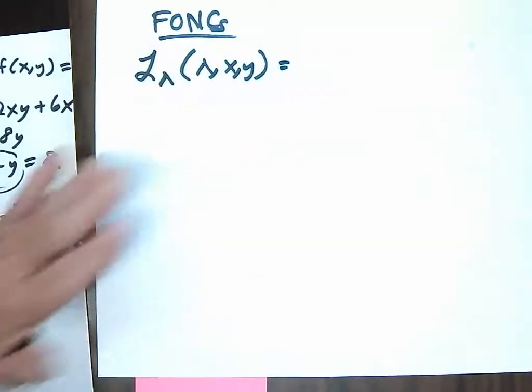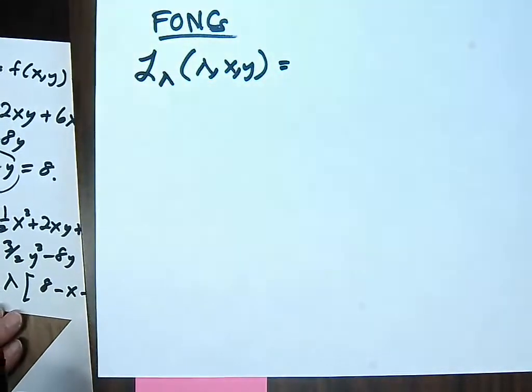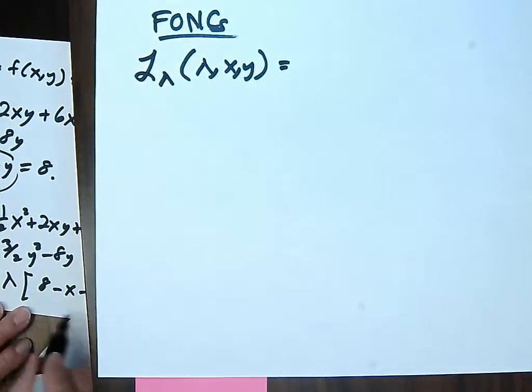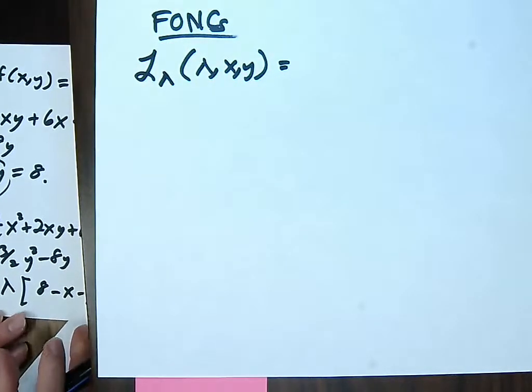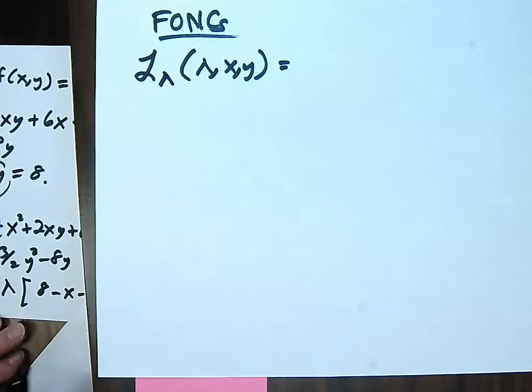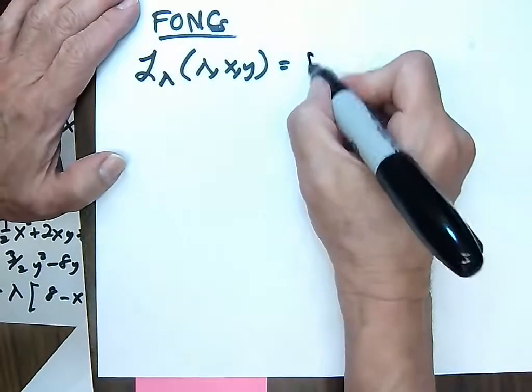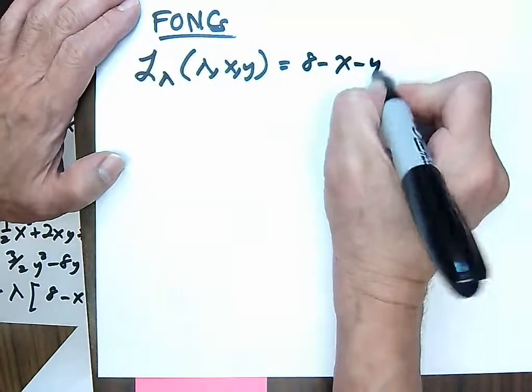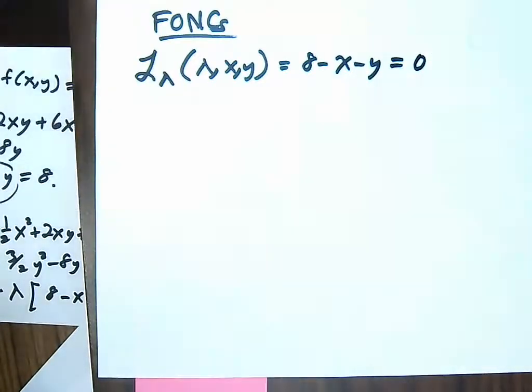And what will that be equal to? The partial of the Lagrangian with respect to lambda is just the coefficient of lambda, which is that expression in the brackets in the Lagrangian. So that's going to be 8 minus x minus y, and we set that equal to 0.